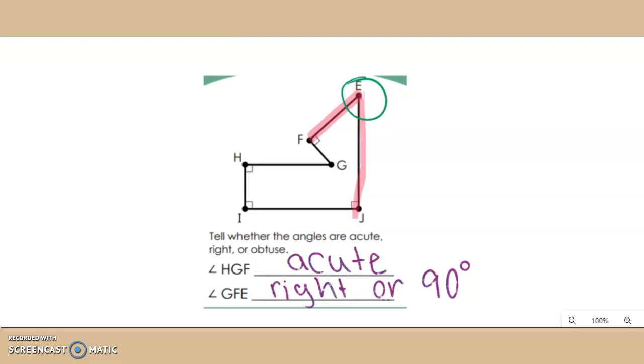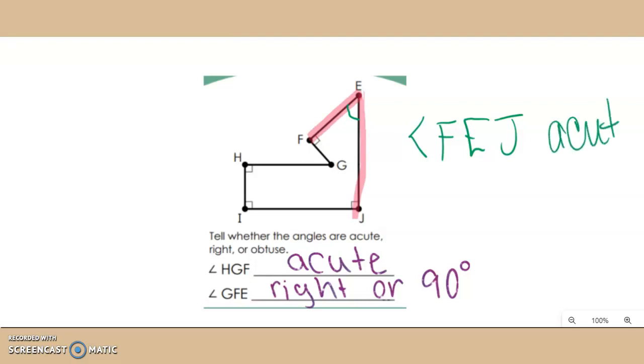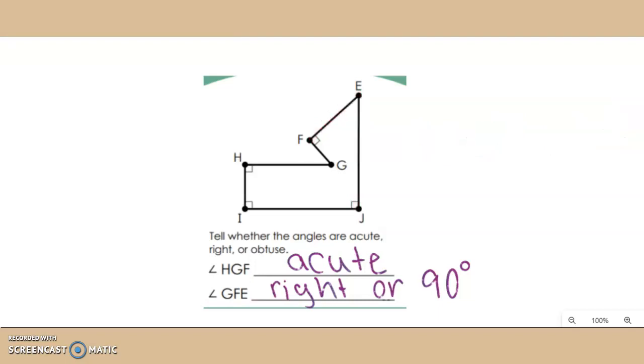So we started at F, went to E, and then went down to J. And that is a very narrow angle. So that is going to be an acute angle.